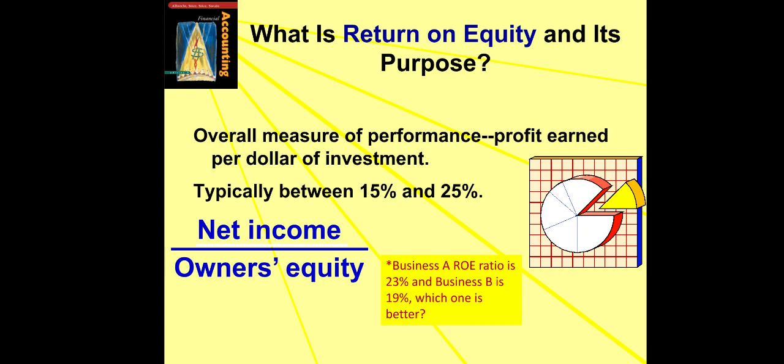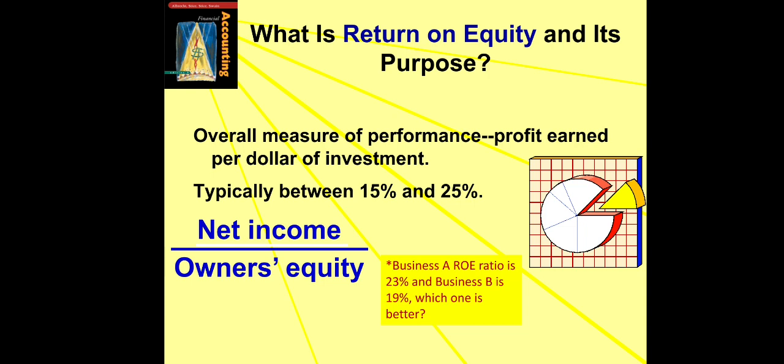So which business is better in terms of return? So the answer is business X. Business X is better, 22%.